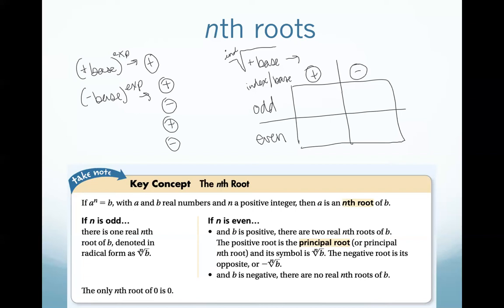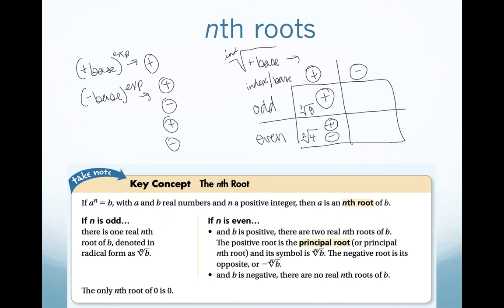Okay, now if the index is odd, so this is something like the cube root of 8, the cube root of 8 will be positive 2 in this case. If the index is even, let's say the square root of a positive number such as 4, we saw that there's actually 2 ways to multiply a number times itself to get 4, and that is both the positive and negative.